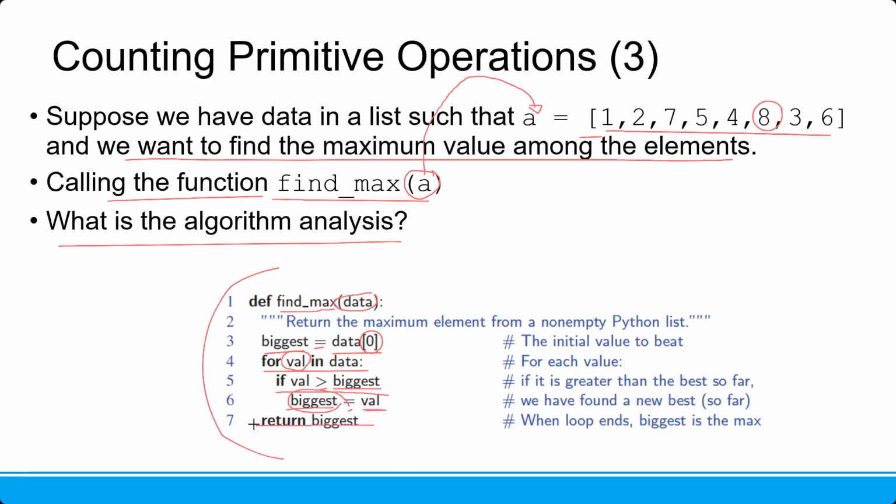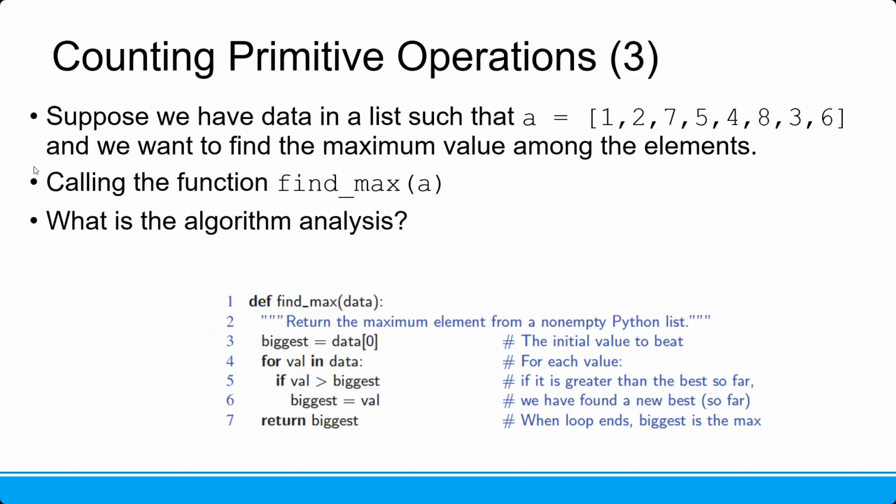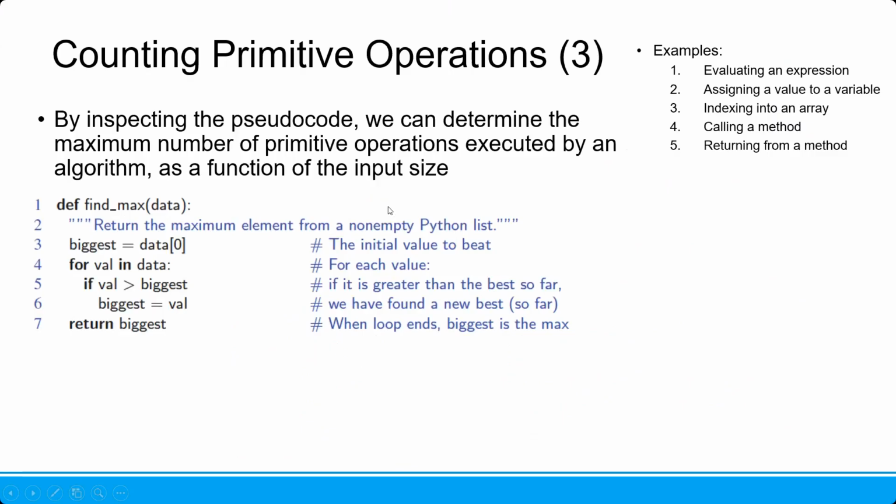Now, let's check. We will inspect the pseudocode, because this is pseudocode, maybe this is just Python code.